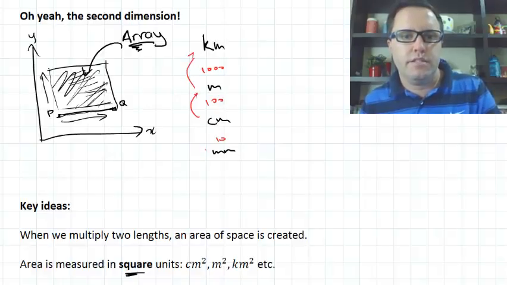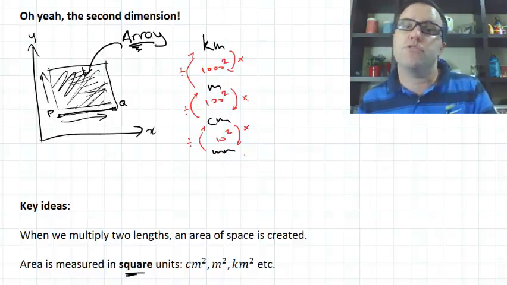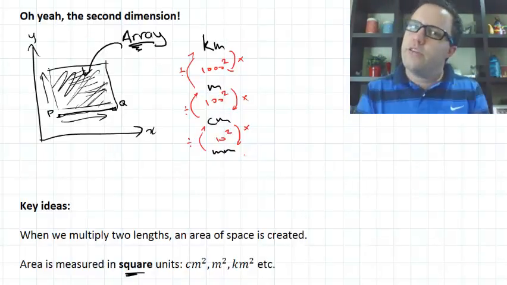So when we're changing between all these, we still use the same kind of idea as multiplying when moving down, dividing when moving up, but instead this time of just dividing by 1,000, say, for meters into kilometers, we divide by 1,000 squared, okay, because we've got square units now. It's just a little trick.